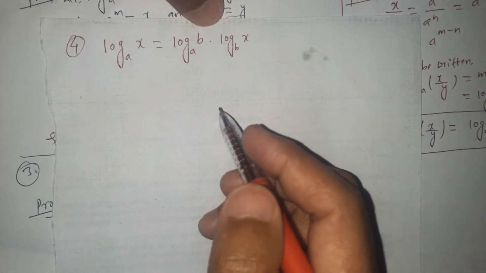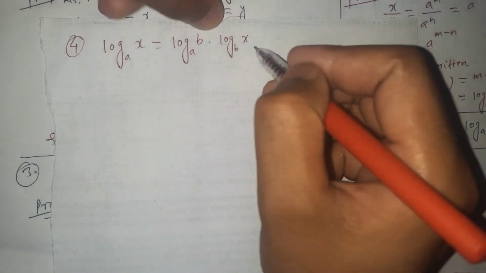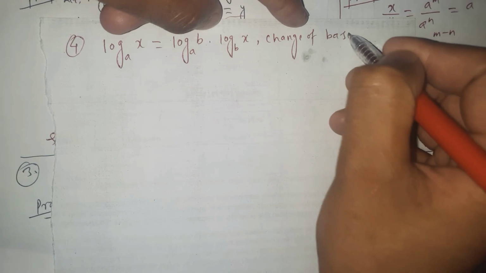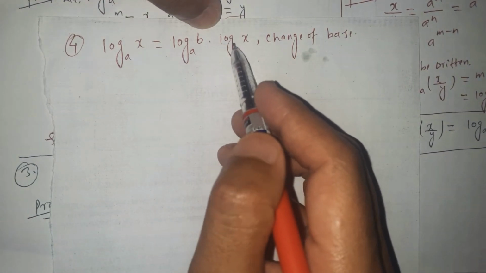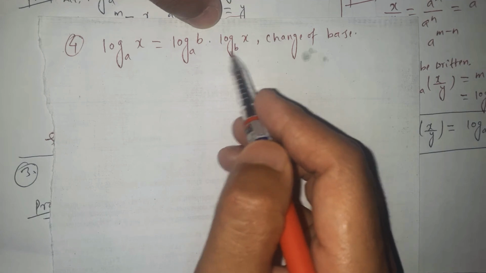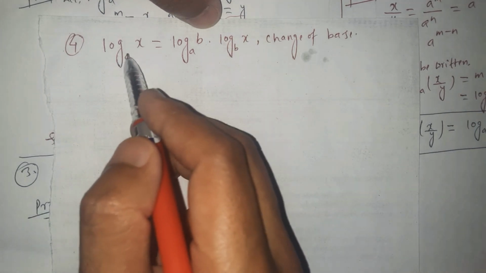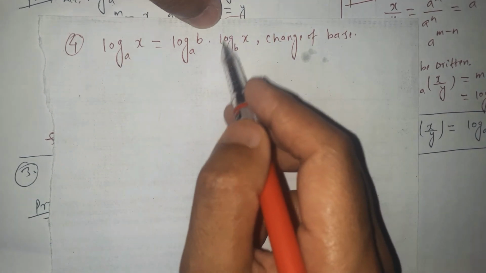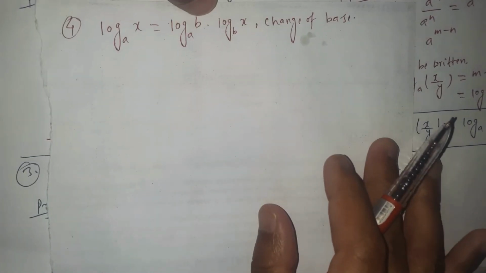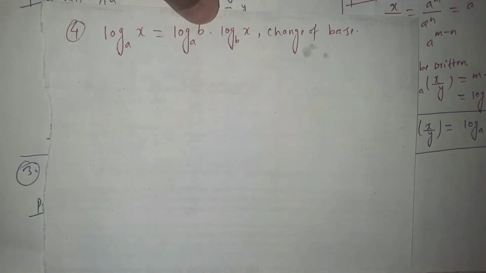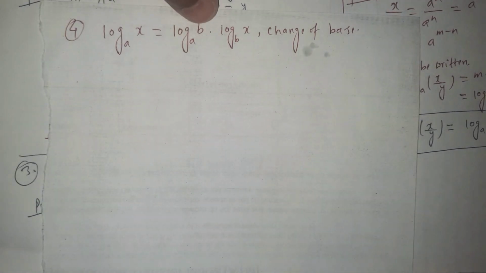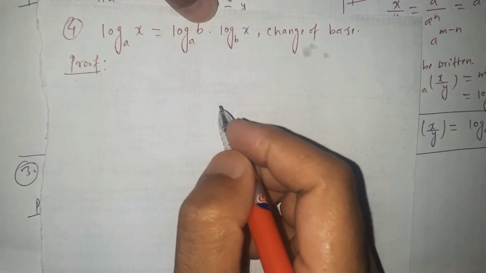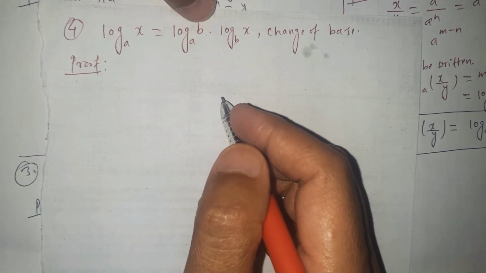This is called the change of base formula. Here we introduce the new logarithm with a different base, log with base b. The log with base a is changed to log with base b. So this is called the change of base formula, and this property is called the change of base property.